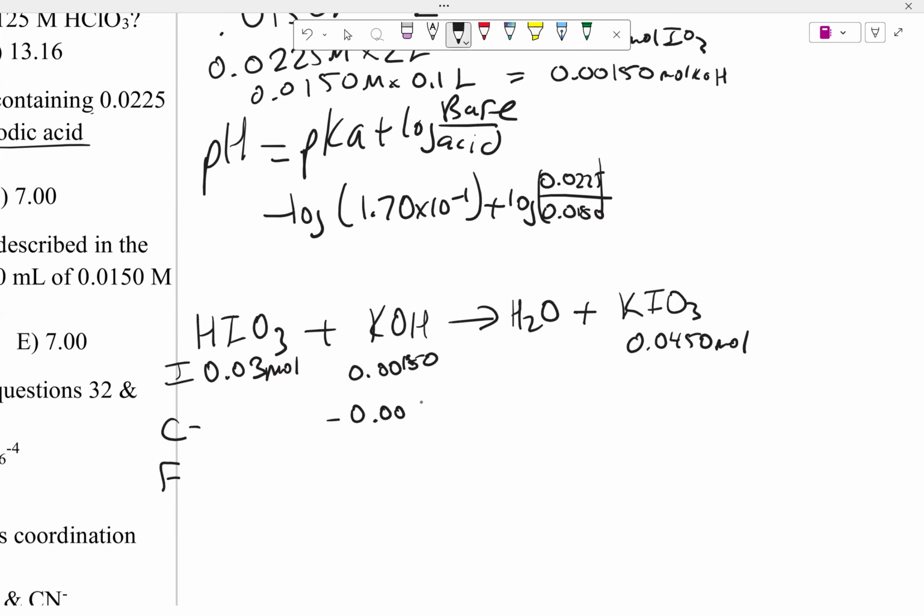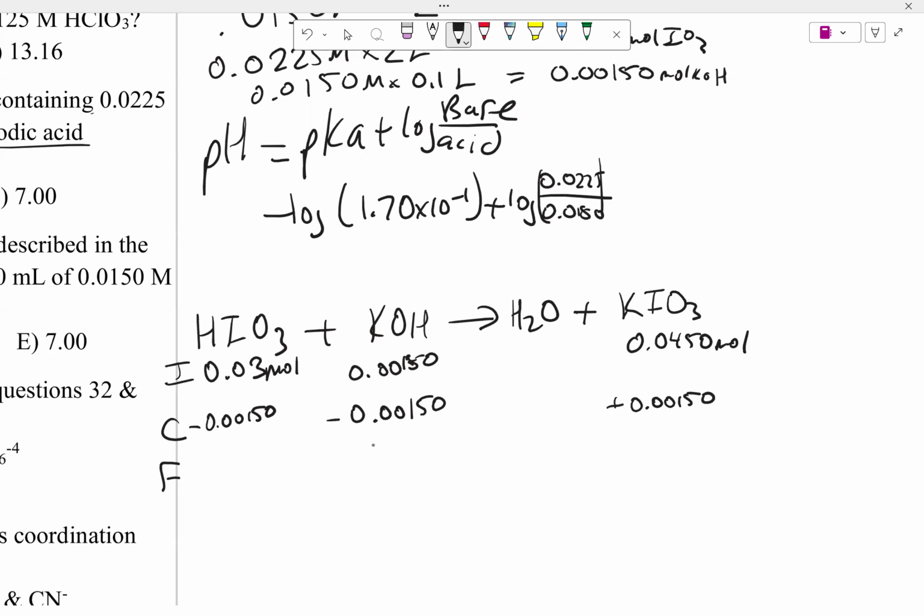So we subtract the reactants by KOH, 0.00150, and here it's going to be plus 0.00150.